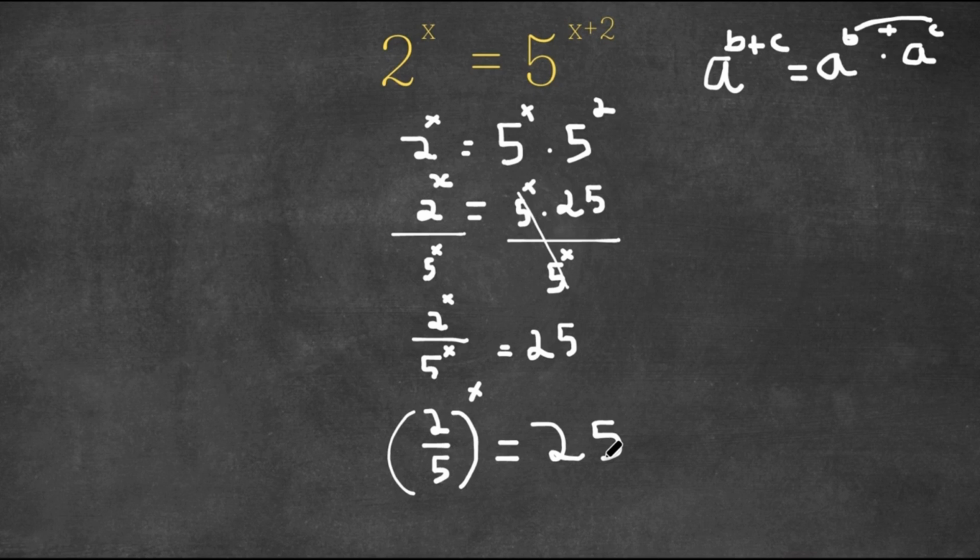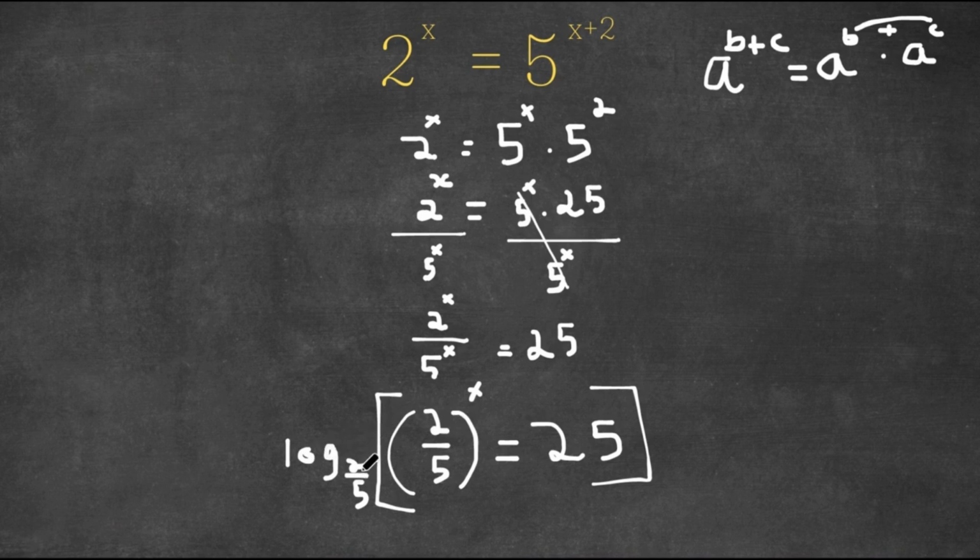So now what we're going to do is take the log base 2/5 of both sides. Well, these two actually cancel out because remember, the log is the inverse of an exponent.